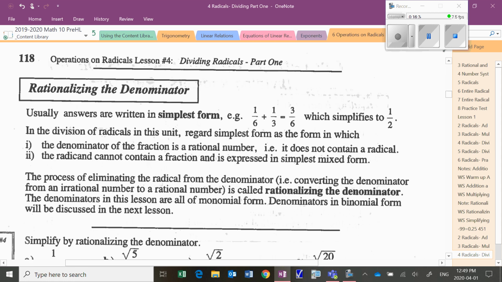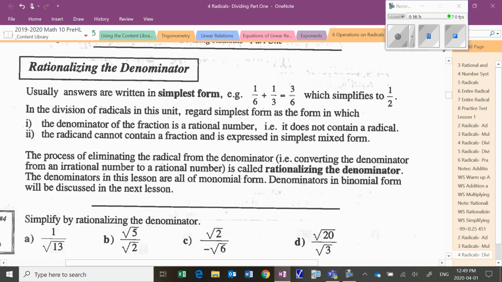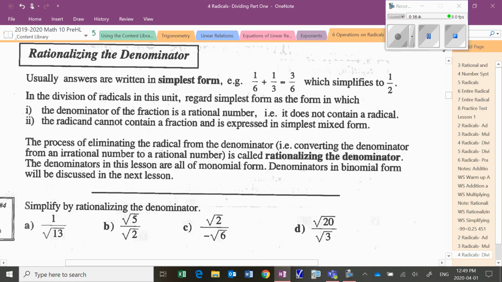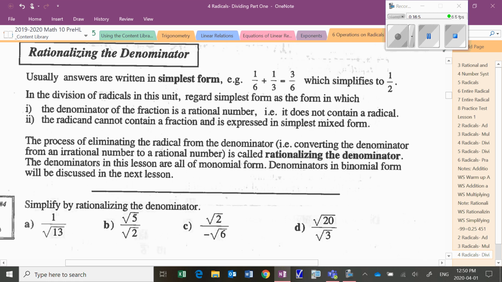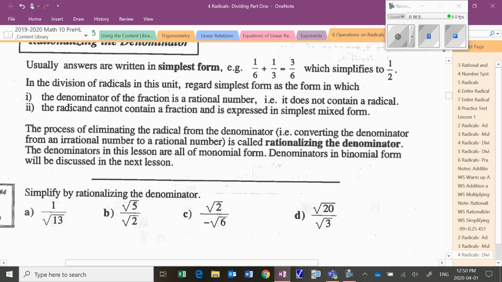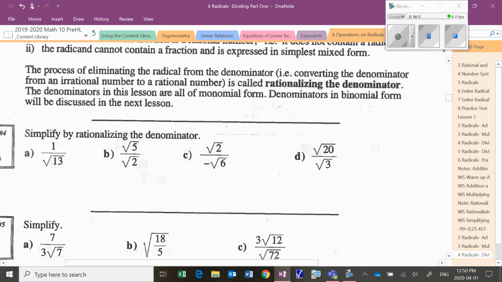Okay, so rationalizing the denominator. Again, the denominator cannot contain a radical, and the radicand itself cannot contain a fraction. The whole idea of rationalizing the denominator came from the time before calculators, when dividing 1 divided by root 13 was very difficult to do.